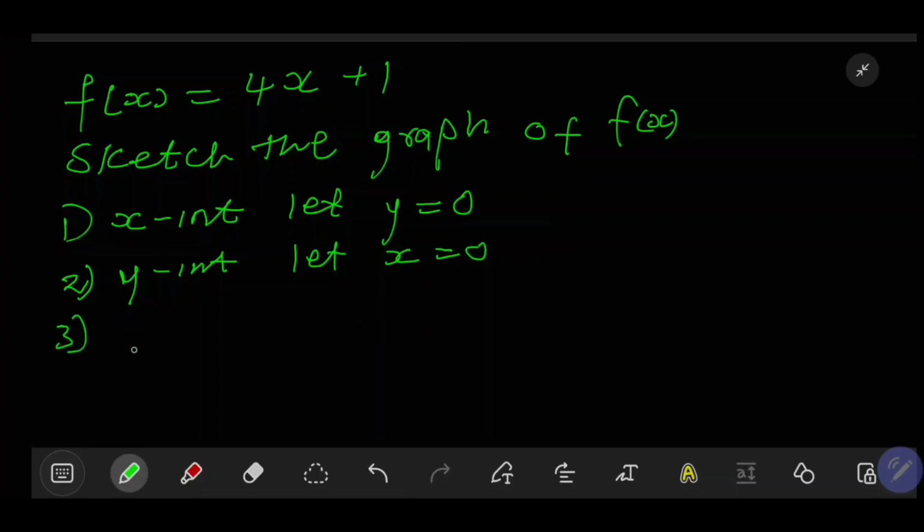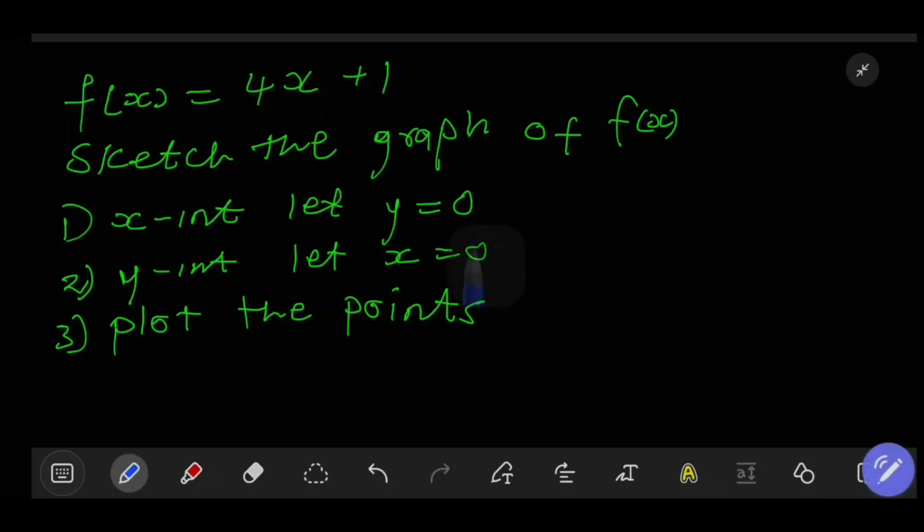The third thing is that you're going to plot the points, and then after plotting the points, you draw a straight line through them. Now we need to sketch this, so we must follow this procedure.